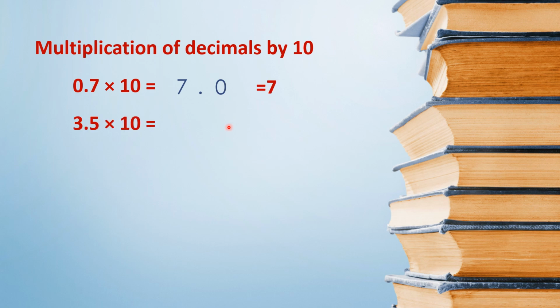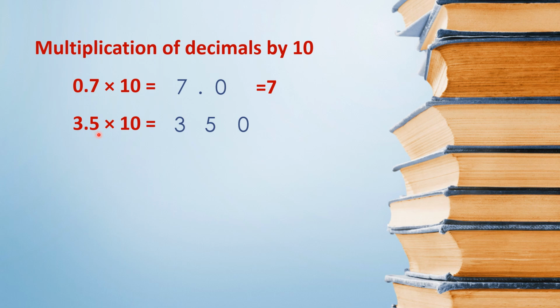Let us do one more question. 3.5 multiply by 10. In this case also, the decimal is after one place. So what we will do? At first multiply 35 by 10. What we will get? 350. Now we will put the decimal after how many digits?